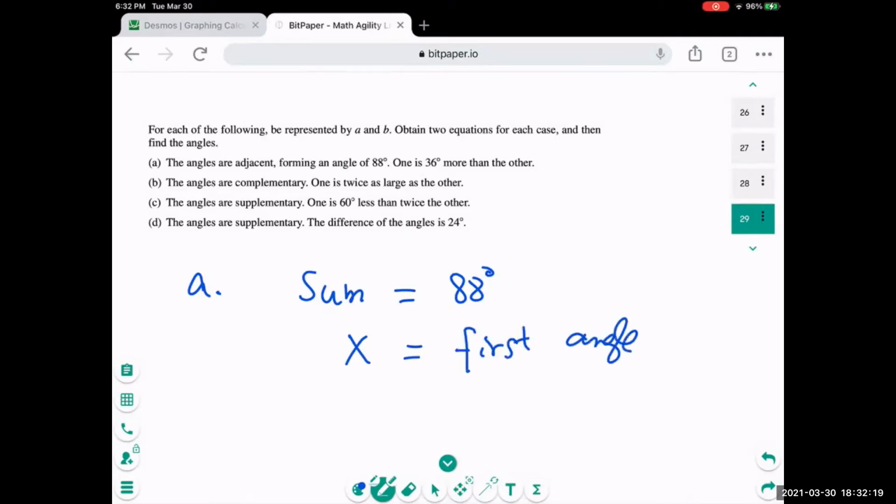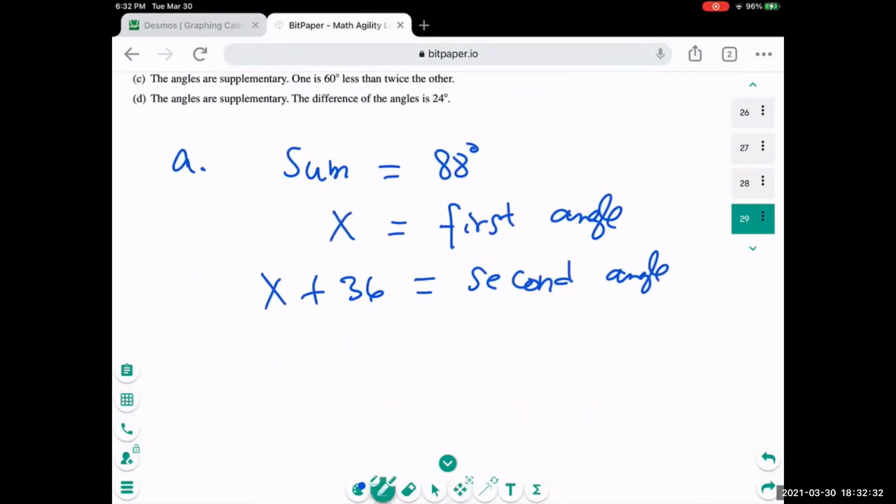And then the second angle, it says, is 36 more than the other. So x plus 36 is the second angle, right? So when we add them, the total is 88 degrees. So x plus x plus 36 equals 88. So let's try to solve for x.